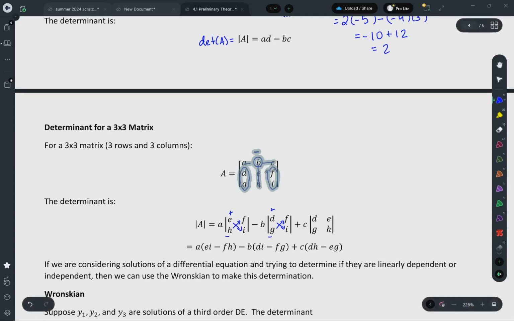Then we move across that first row to C, and we're back to plus. We delete the row and column that C is in, and we multiply C by the determinant of the remaining elements, D, E, G, H. Then we have that diagonal product to calculate the 2 by 2 determinant that's left.